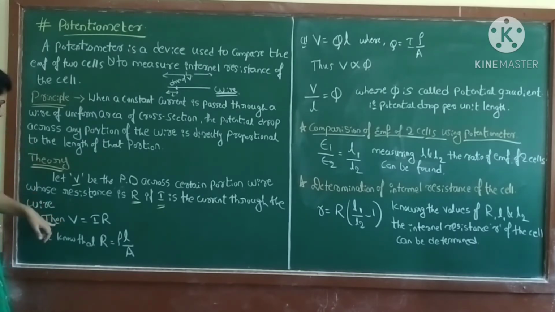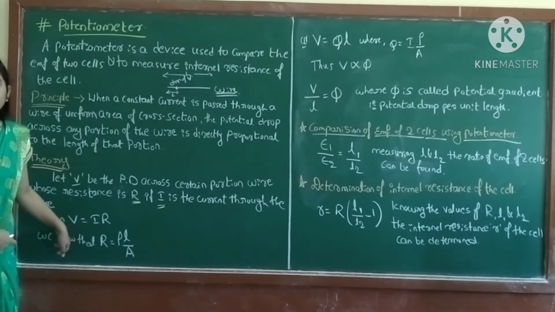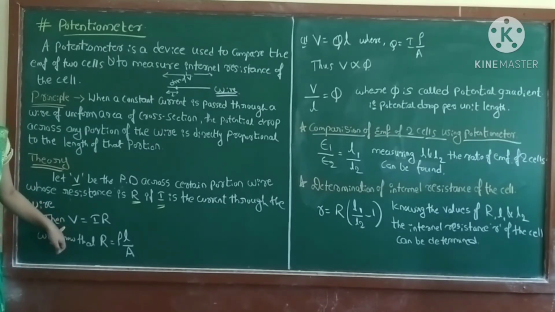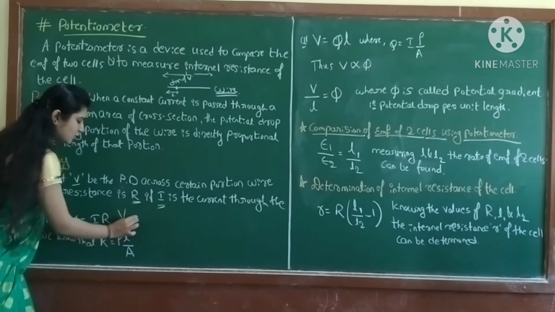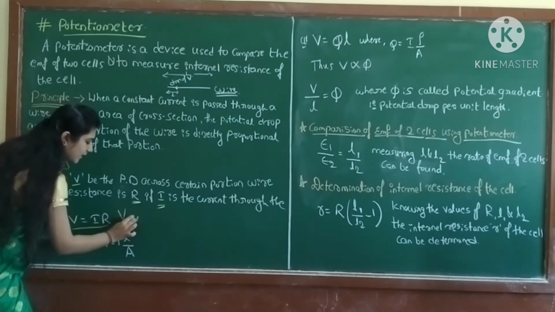Understood? So now we already know Ohm's law, what is it? Potential difference is directly proportional to the current passing through that material. That is nothing but Ohm's law. Here V is equal to IR.